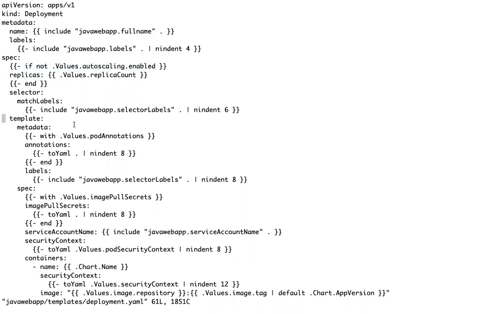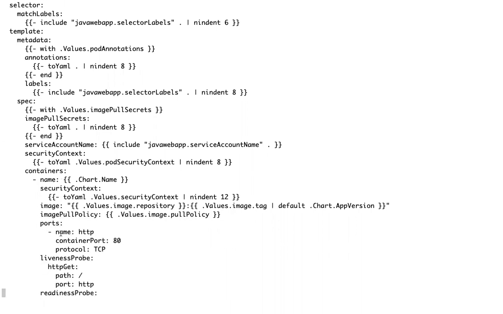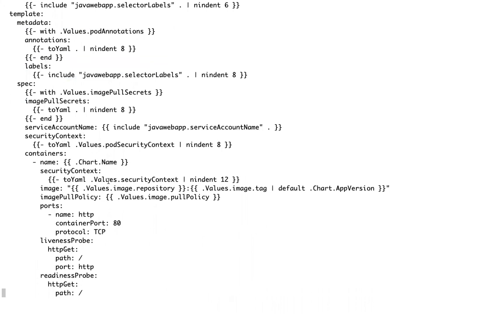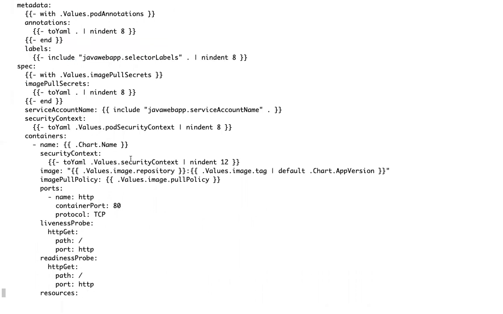This is the template. If you see the image name also, the name of the image, did they hard code anything here? Your repository and your tag, did they hard code the image name and image tag, right?